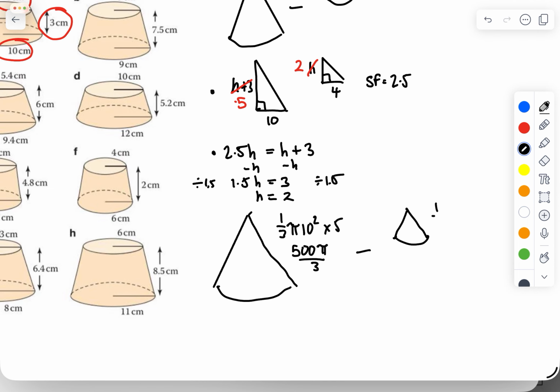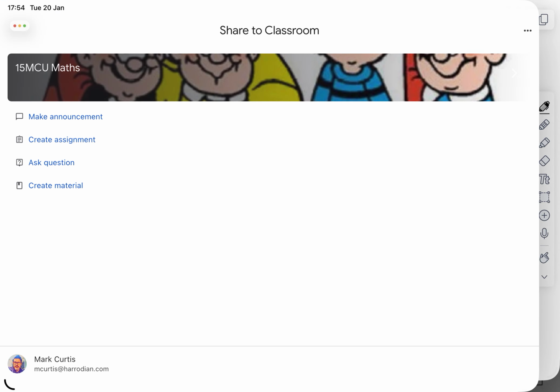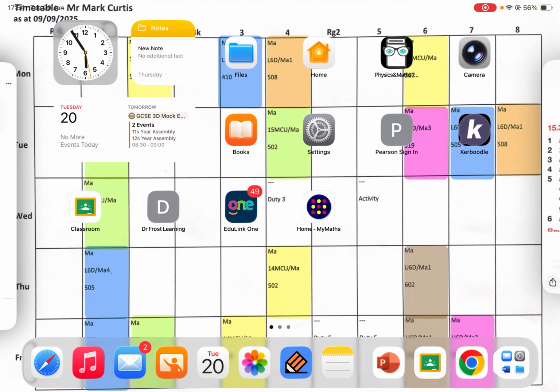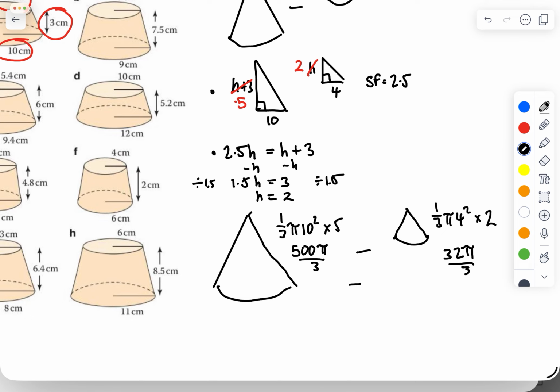Okay, and that would be 1/3 pi times r, the base, 4 squared times the height, which we found was 2. And that gives me 32 pi over 3. And then when I subtract those two, I get 156 pi, which is roughly 490 centimeters cubed. And that is my volume.